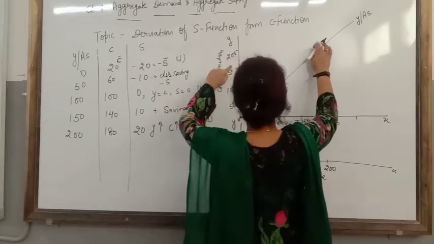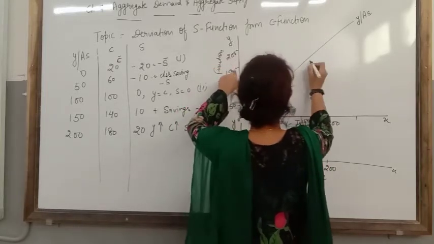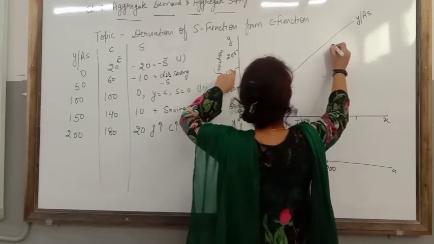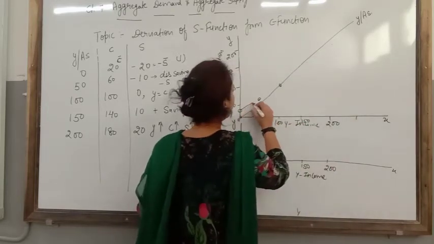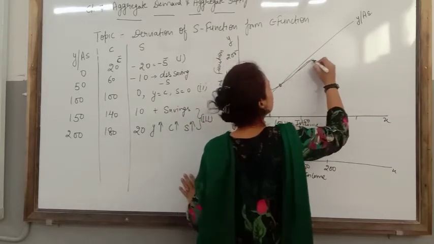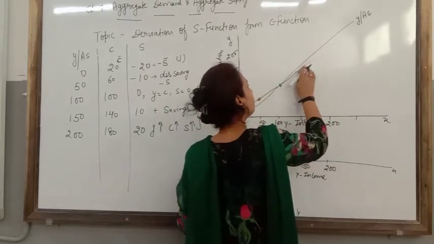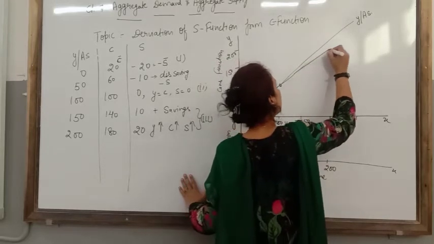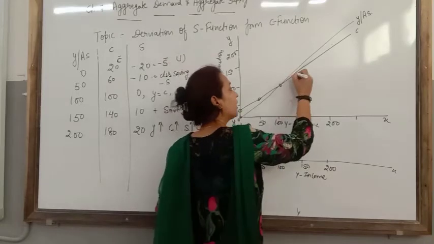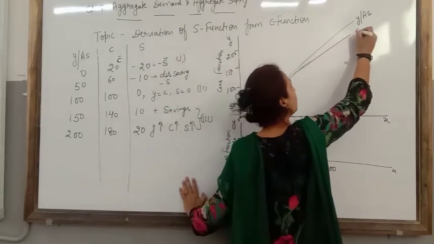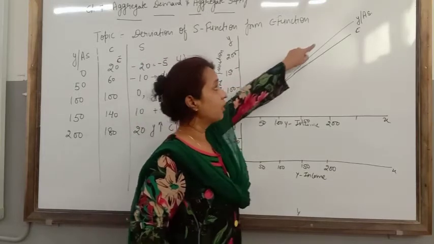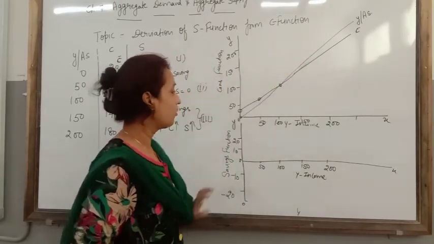Sorry, 150, 140 will be here, and 180. Now draw it. With a scale you can draw it. You are going to find the exact straight line. Clear? That is C, it is known as C. Y equal to AS and the C function I have drawn.